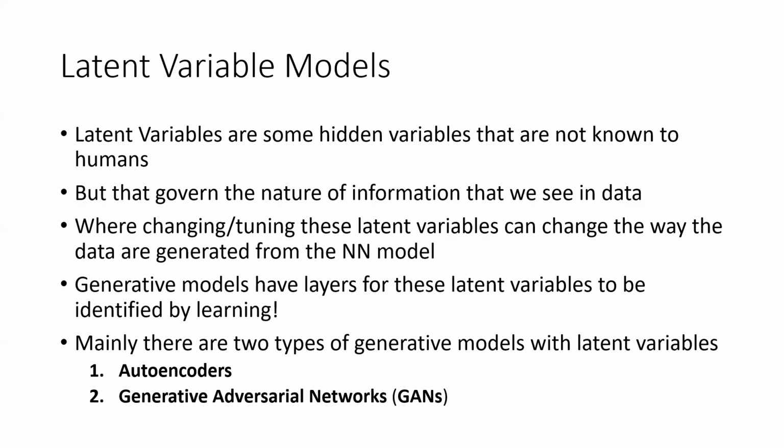For example, when you are looking at something by your eye, what you see are some pixels. In the image, what you see are the values of pixels. But the values of the pixels are not what are actually governing the content, the theme or the structure of your image. There can be some other hidden variables which are governing what you are looking at.